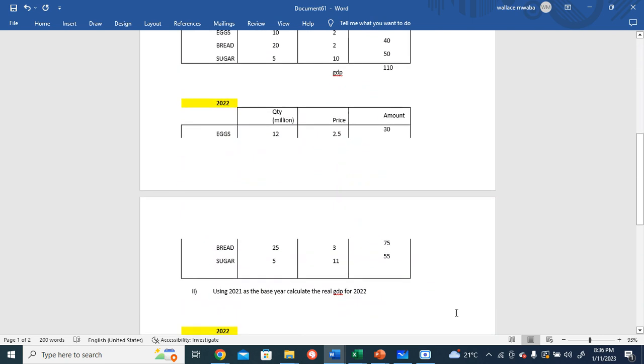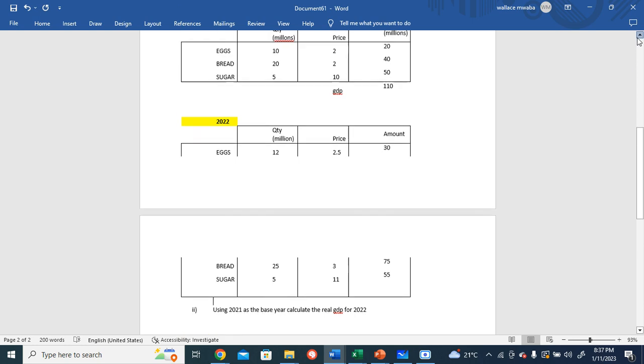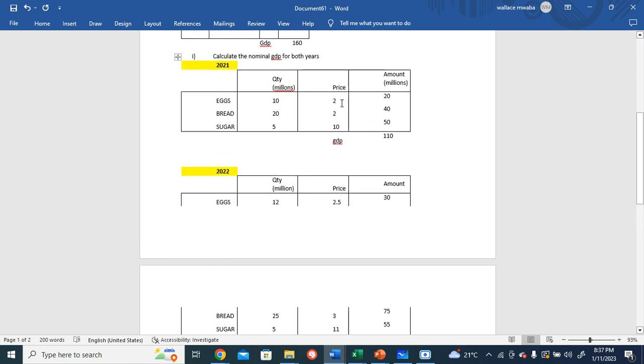So you can see a difference. Our nominal GDP is telling us that it is 160 million, but our real GDP is 124. So what could have caused that amount to go to 160 million for 2022 is obviously an increase in prices.